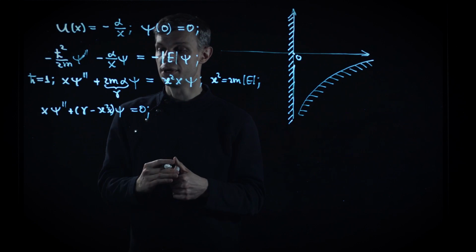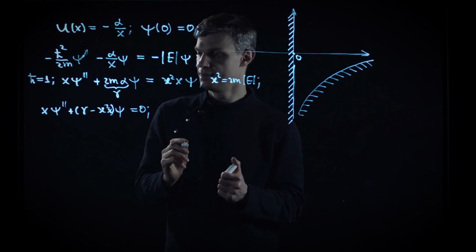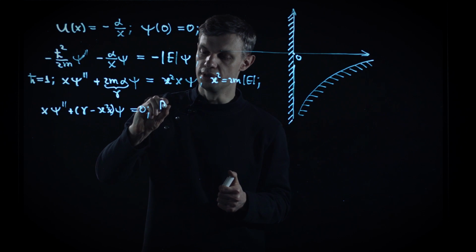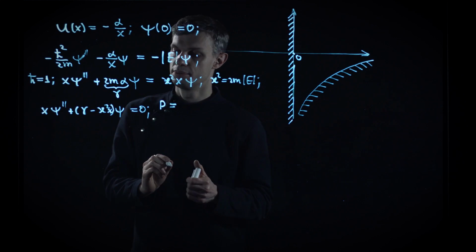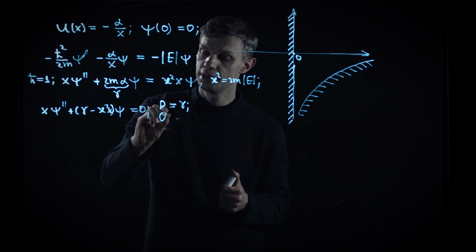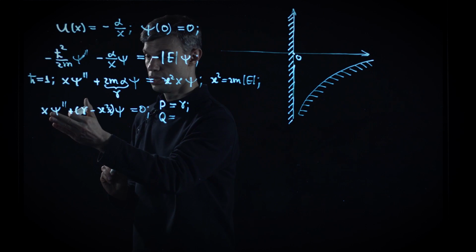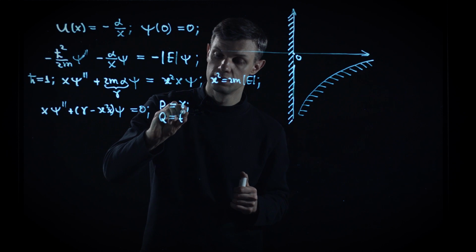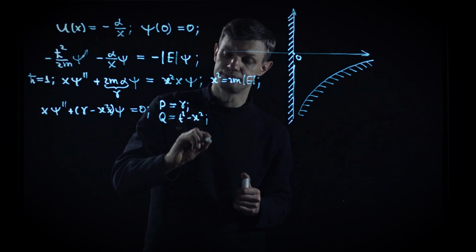And let's analyze this equation using our Laplace type technique. So P and Q polynomials. P polynomial is simply gamma, and Q polynomial is t squared minus kappa squared.